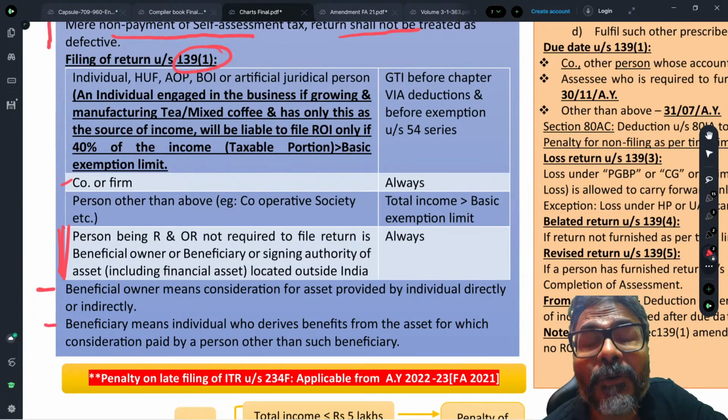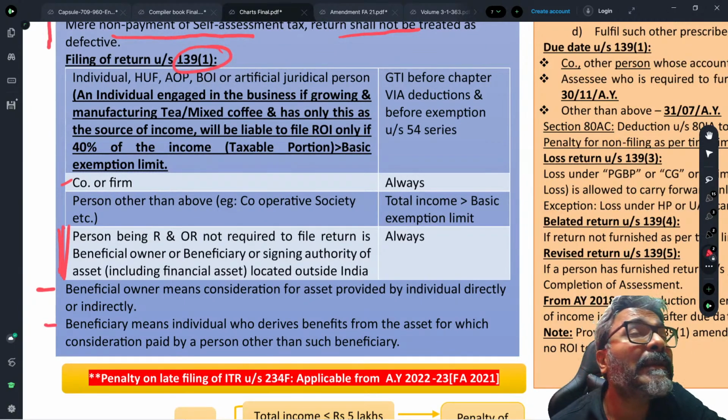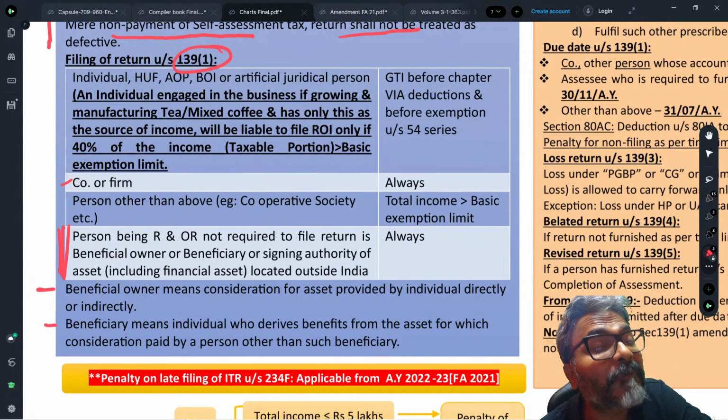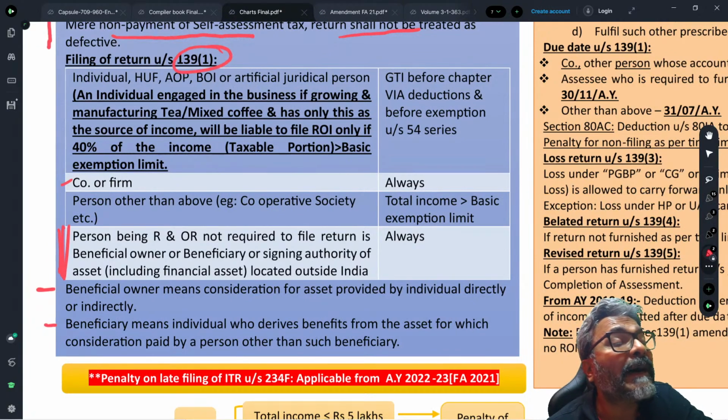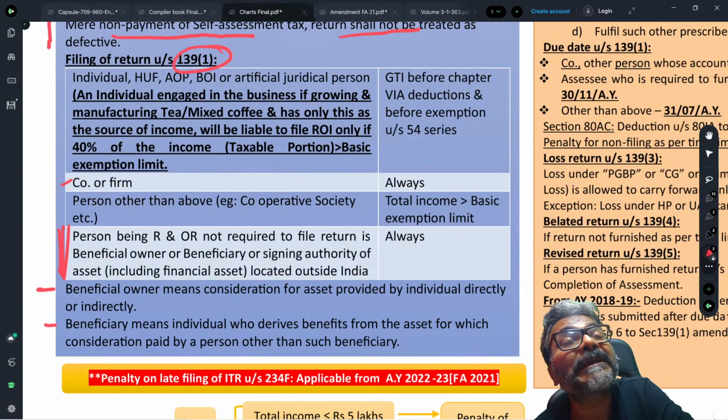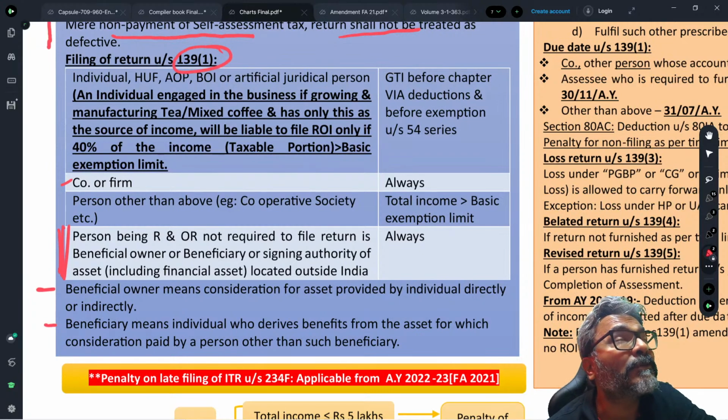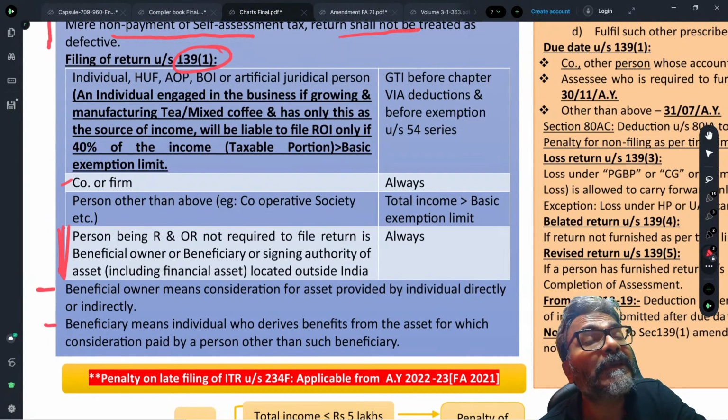So what we now do is use the medium of the trust. A trust will get opened up in the foreign country. The trustee would be a local of that country, and primarily we either become the beneficiary of the asset which we transfer to that trust, or we are the beneficial owner of the asset.